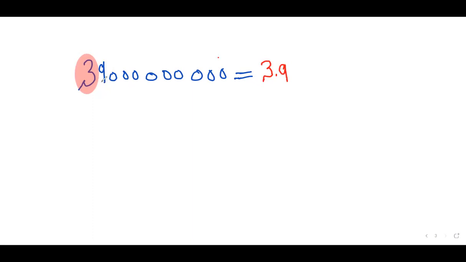Then you count all the numbers after 3, all those numbers. How many? 10. So it is 3.9 times 10 to the power of 10.